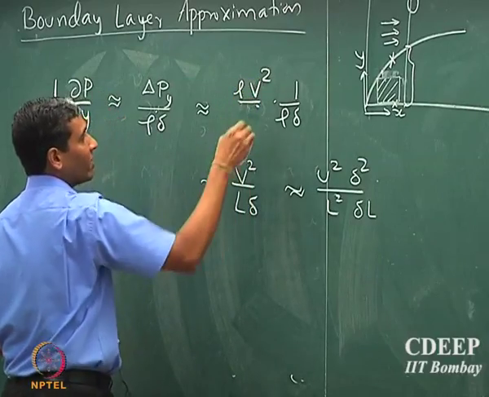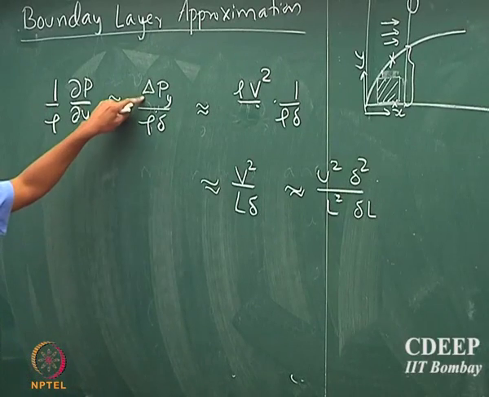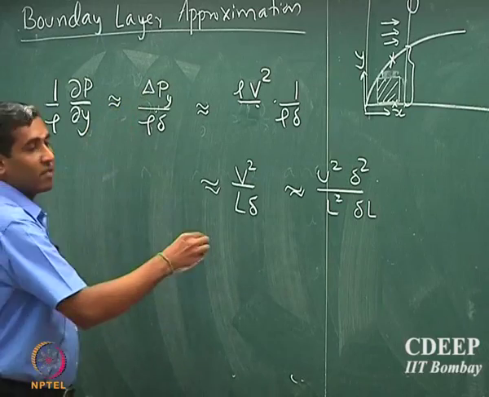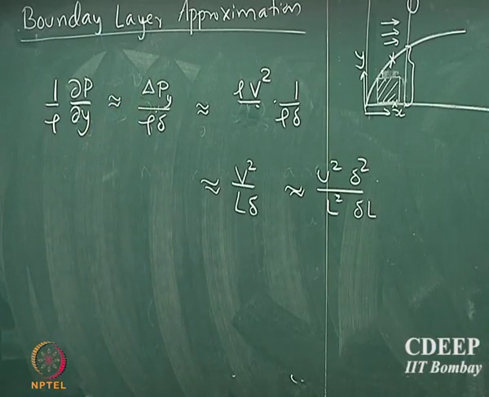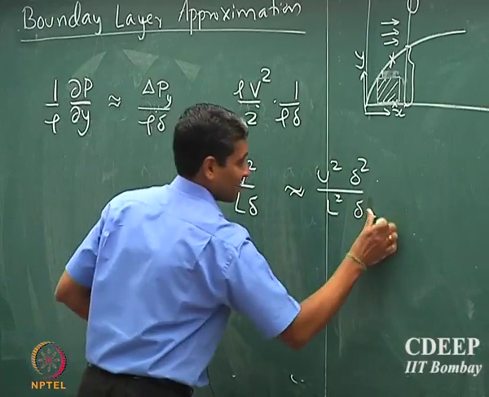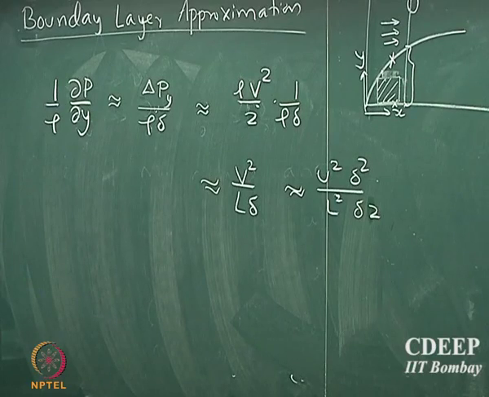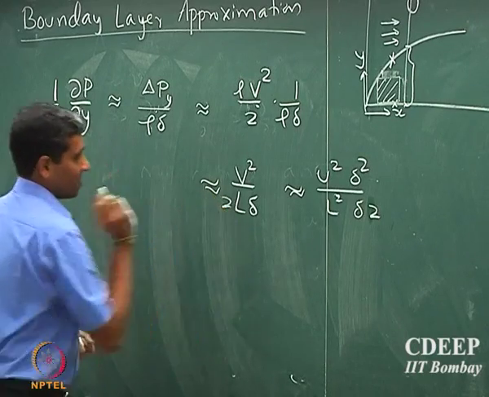So this should be rho V square by 2, correct, right. So delta P scales as rho V square by 2. Okay.